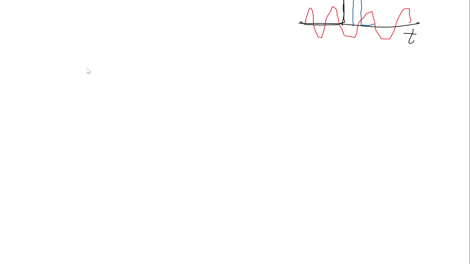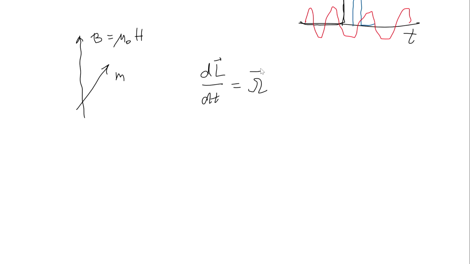So the main result is that if you have a magnetic moment M in the presence of an external magnetic field B, and it's not in a material, it's in vacuum, so we can write that B is mu naught H. Then for that, dL/dt is equal to omega cross L, where omega is the precession frequency.